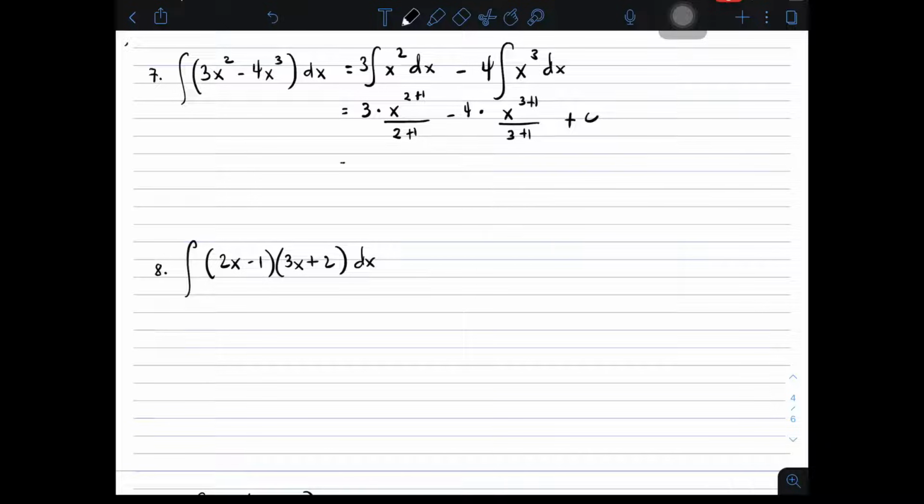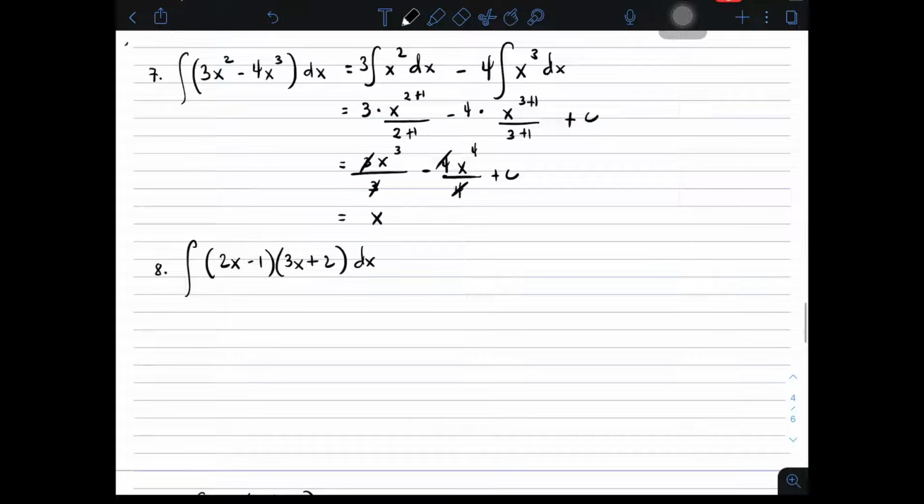Simplify natin yung mga numbers natin or exponent natin. We have here 3x cubed over 3 minus 4x to the 4th power over 4 plus c. And simplifying your answer, pwede itong makancel. Ito rin makakancel natin. So your final answer is x cubed minus x to the 4th power.